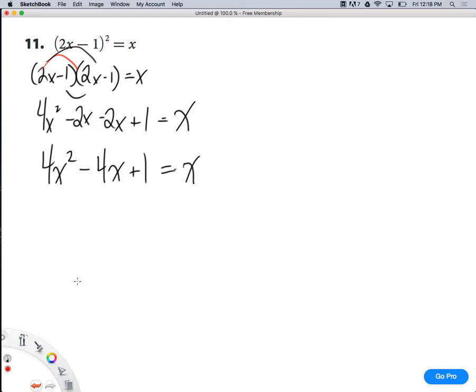Subtract x from both sides, right? And I end up with 4x squared minus 5x plus 1 equals 0. Right? Cool. Now, my leading coefficient, is it 1 or is it not 1? It is.